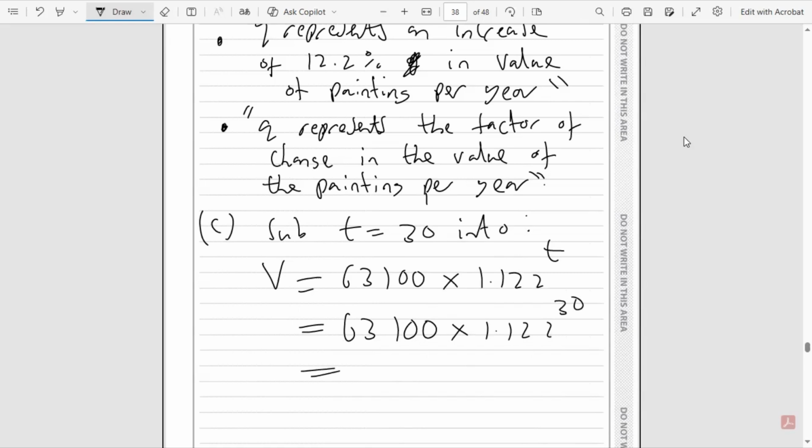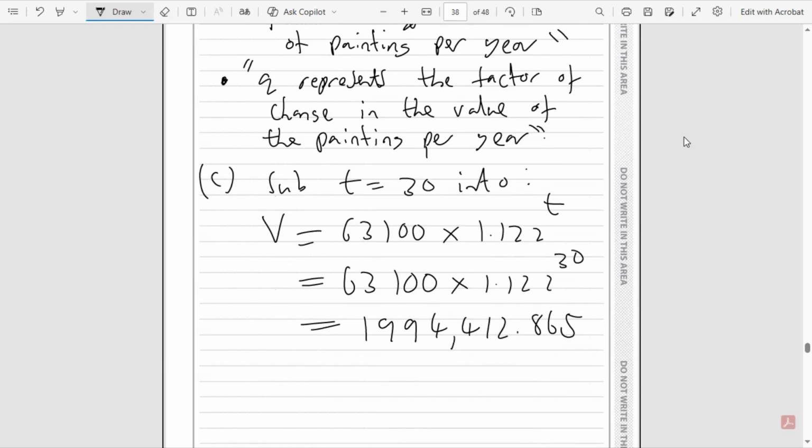Let's go to the calculator. 63,100 times 1.122 to the power of 30 gives me a bit of a long number. So this is 1994412.865. We want this to the nearest 100,000. So that's the first three digits there, hundreds, and then up to a million there.